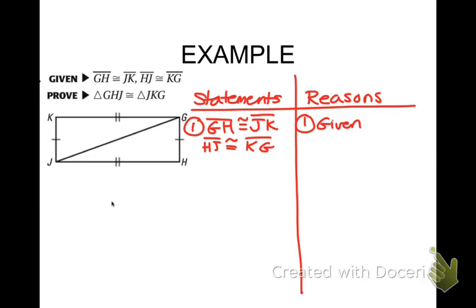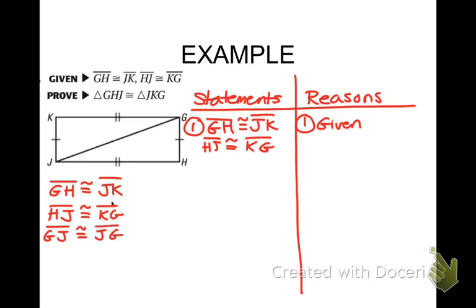So working off of the triangle congruence statement, I'm going to list my 3 sides. I need GH to be matched up with JK. I need HJ to be matched up with KG. And I need GJ to be matched up with JG.